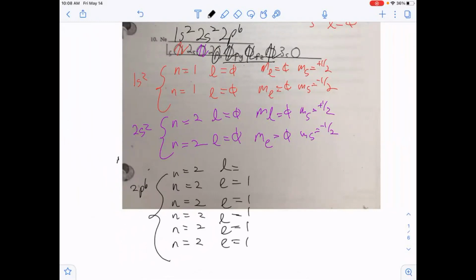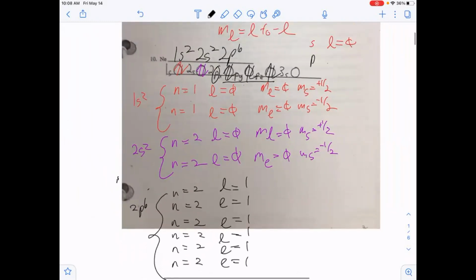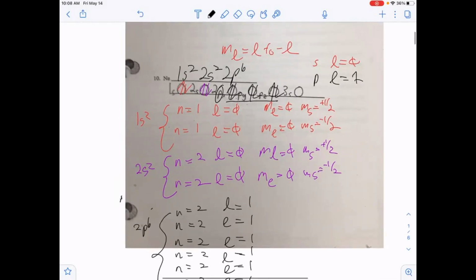So p's are always 1. So when L becomes 1, now when we plug it in, M sub L goes from 1 to -1. That's why there are 3 p orbitals: 1, 0, and -1.